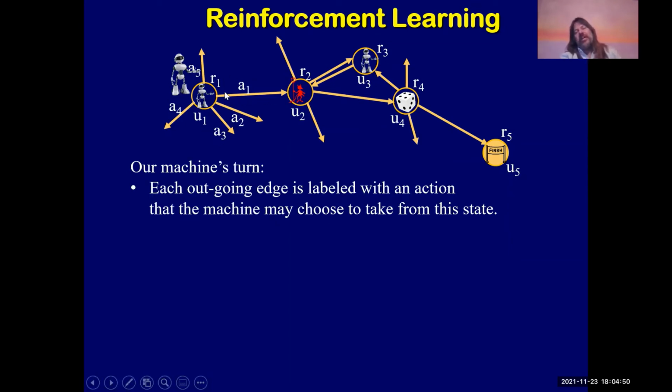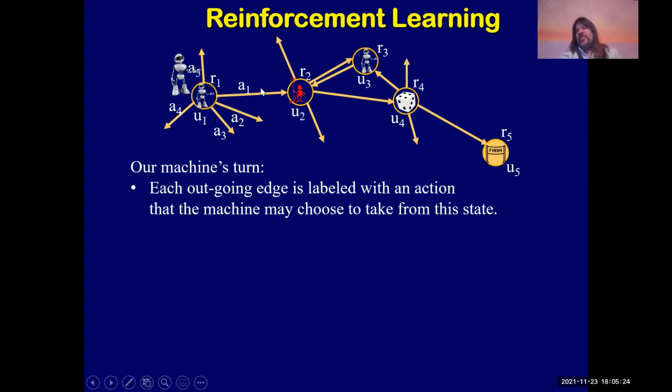He's going to imagine taking this move and figuring out what the board looks like if I were to take that move, and he needs to evaluate how good the board is in that state. So he looks at this R2 value, and then he comes this way and looks at its R value, and he comes this way and looks at this R value. He does that for every possible move. He looks at what the board looks like if you make the move, he evaluates the board, and that gives you some evaluation of this action.